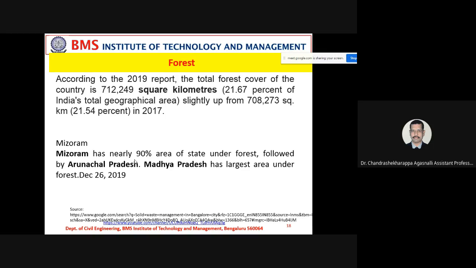Just remember this. Mizoram has 90% of its area under forest. Next to that, Arunachal Pradesh and Madhya Pradesh have the largest forest cover areas.